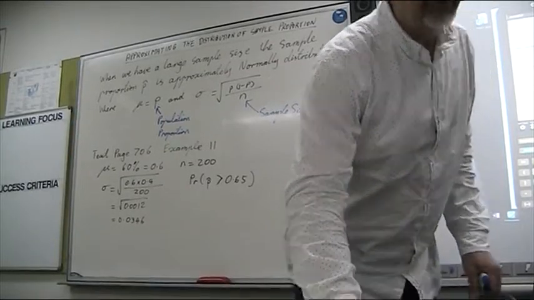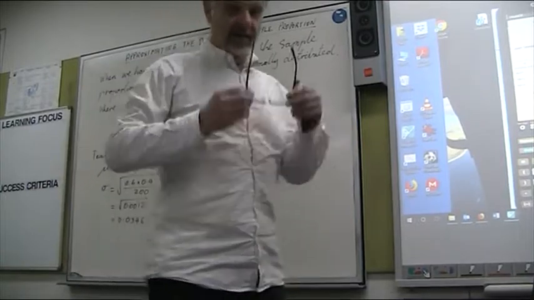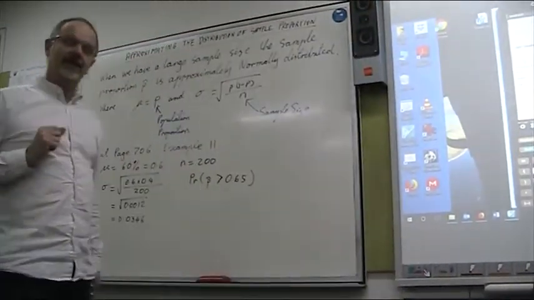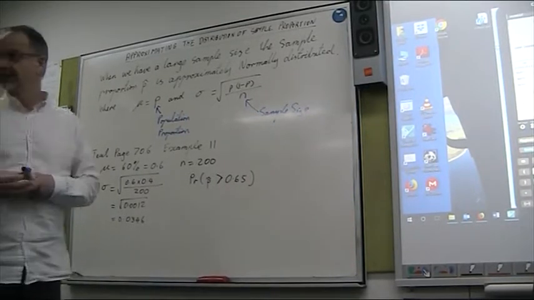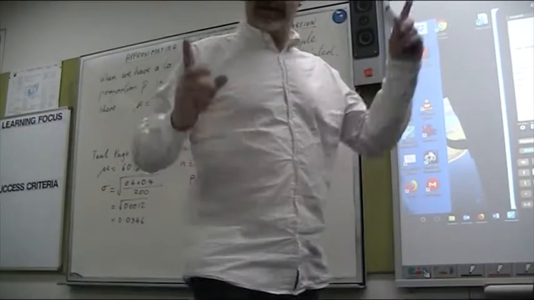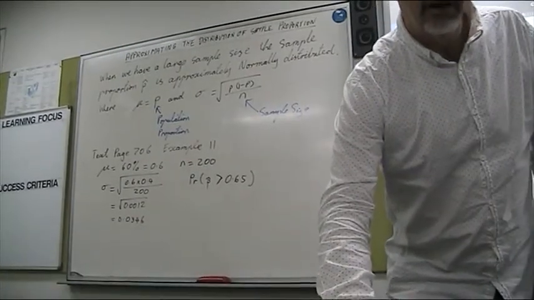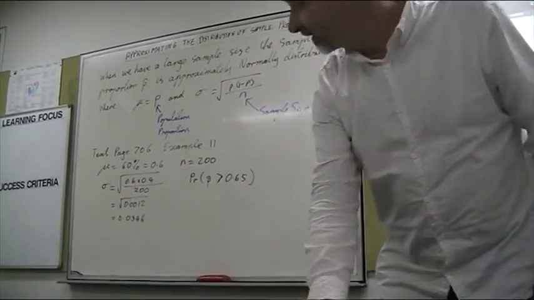Our upper limit, well, it's anything up above that. For this particular one, however, what will our upper limit be? 1. Because we're talking about a proportion, aren't we? A proportion of 1 is everybody, isn't it?